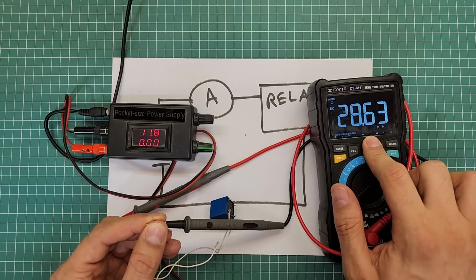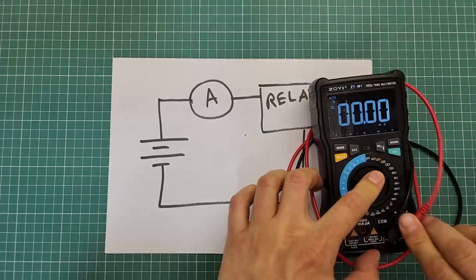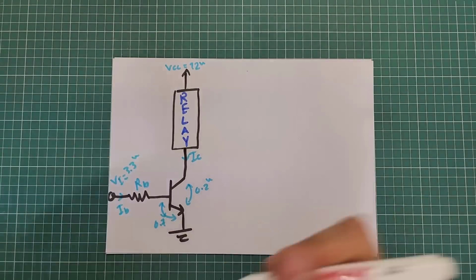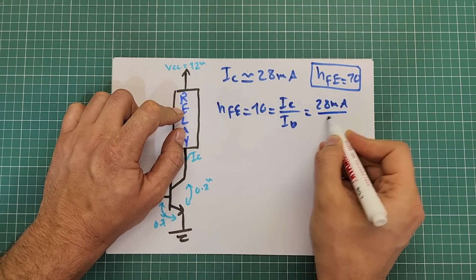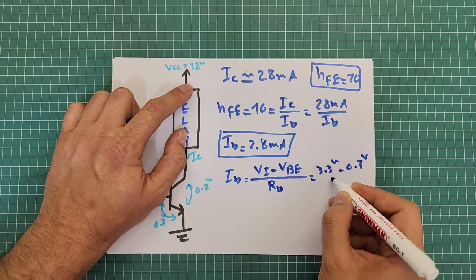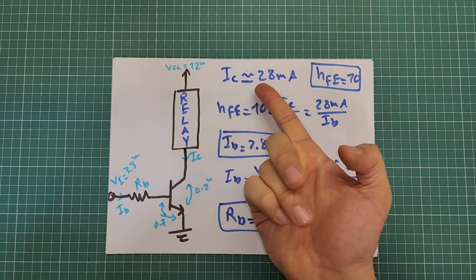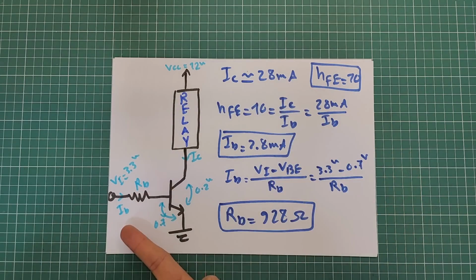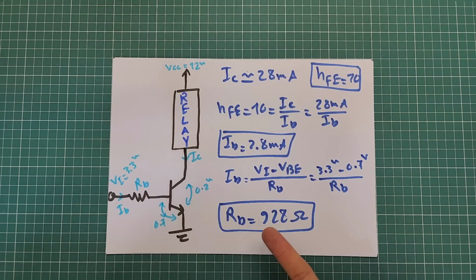It's drawing about 28 milliamperes. In the circuit, the IC is 28 milliamperes, the IB is 2.8 milliamperes, and the RB has to be 928 ohms. We got 928 ohms for the base resistor.